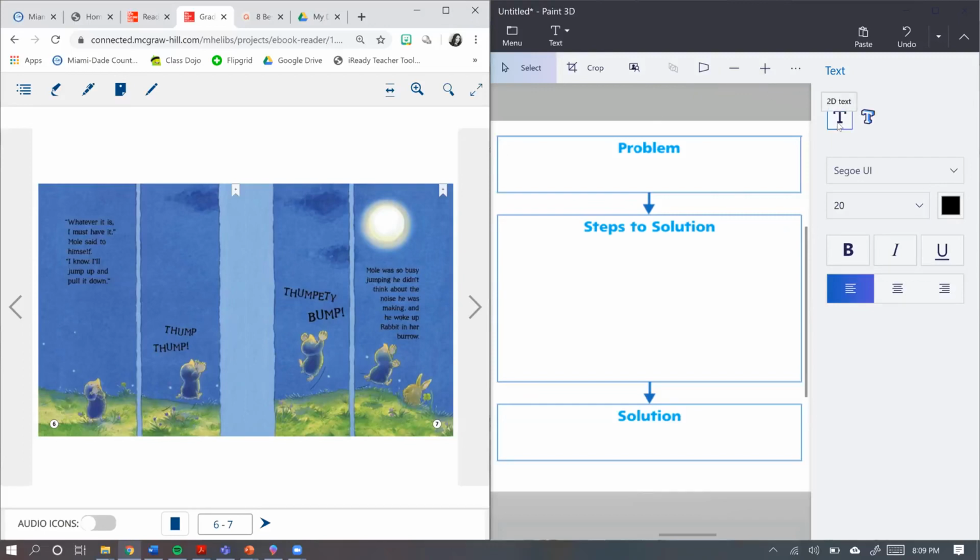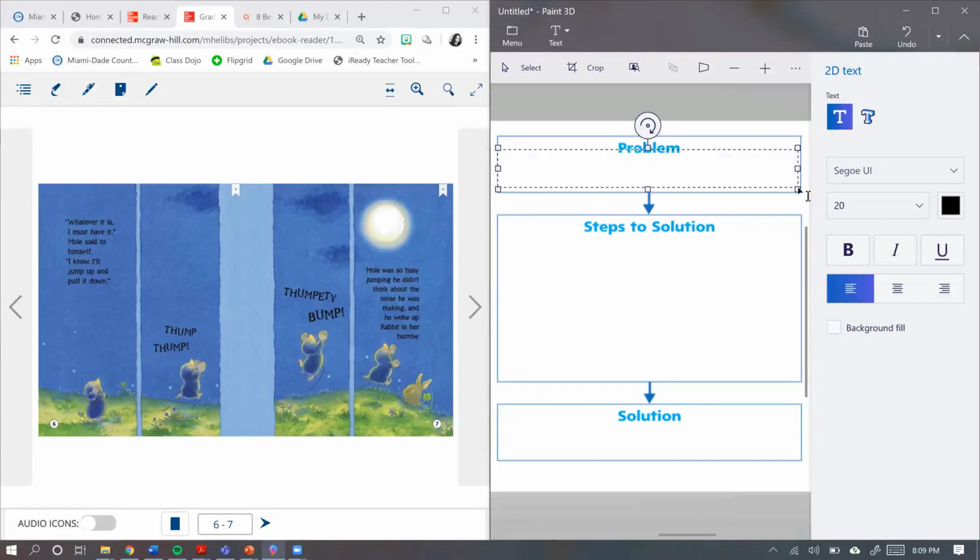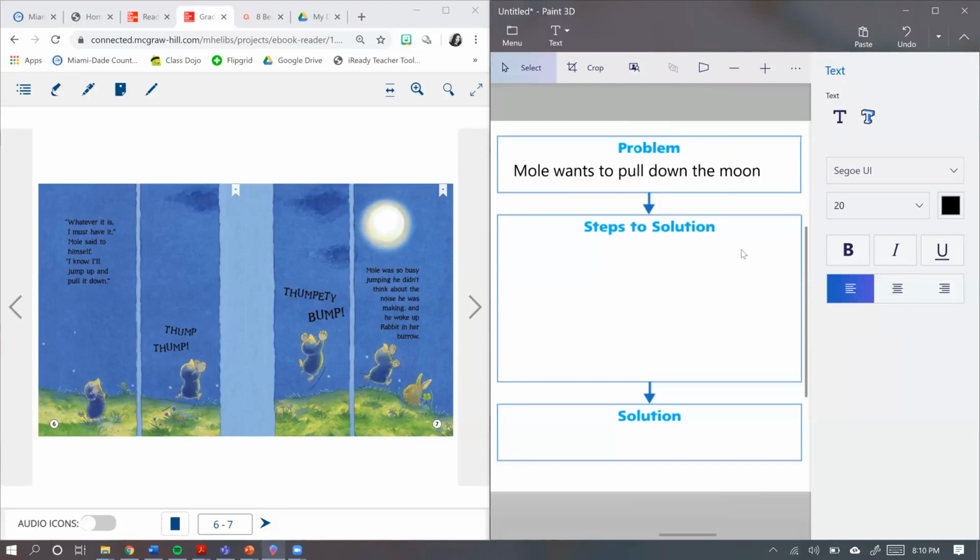If we were on the carpet, and Miss Byerly asked you guys what you think the problem was in the story, I'm sure someone would raise their hand and say, I'm going to type it right here: Mole wants to pull down the moon, right? Do you agree? Nod your head yes. Shake your head no.